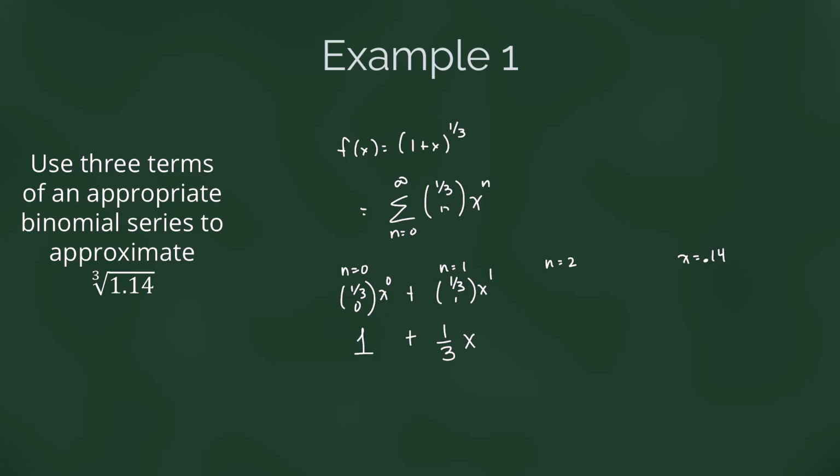Our next term is going to be 1/3 choose 2 times x squared. Well, that's going to be 1/3 times (1/3 minus 1) over 2 factorial, which is just 2, times x squared.